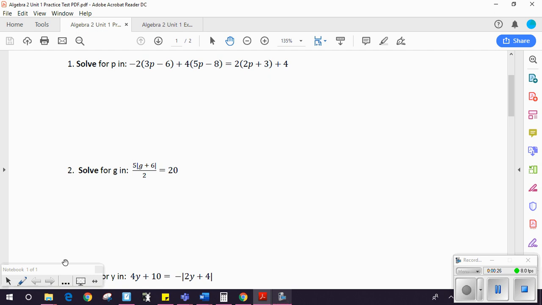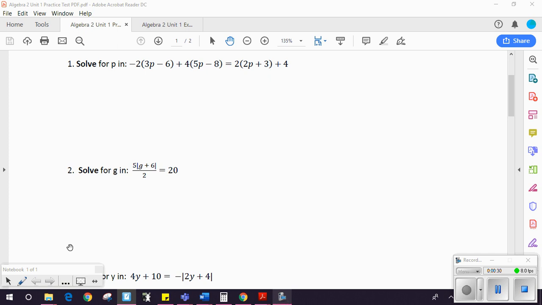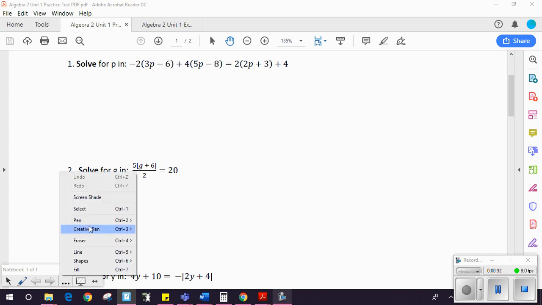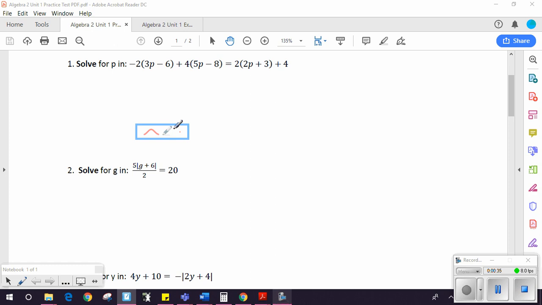So the first thing I would do is distribute to remove any and all parentheses throughout the problem. First I would distribute a -2, so that would give me a -6p. Then I would multiply -2 with -6, so that's a +12.